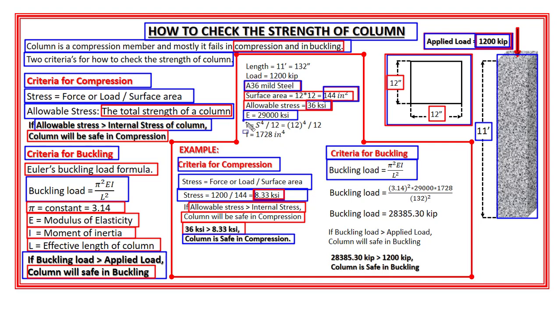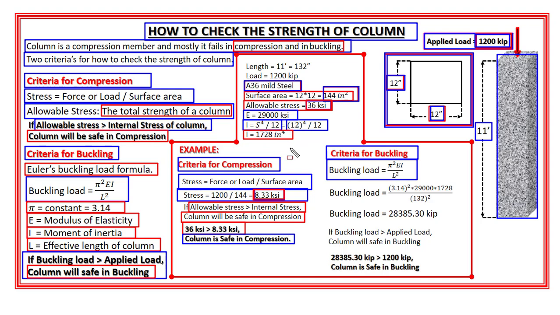Moment of inertia I is equal to side power 4 divided by 12 because it is a square shaped column, right? And each side of this square shaped column is 12 inches. Okay. So the moment of inertia of this square shaped column will be equal to 12 power 4 divided by 12, and the moment of inertia will be equal to 1728 inch power 4.